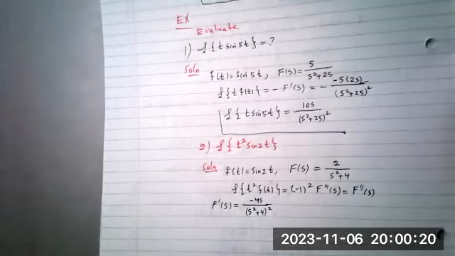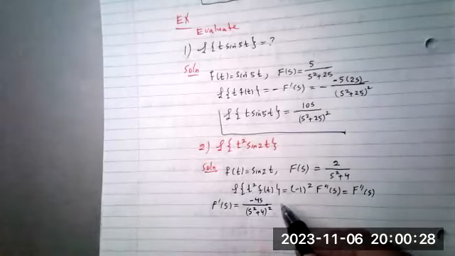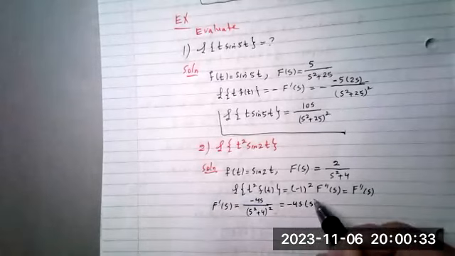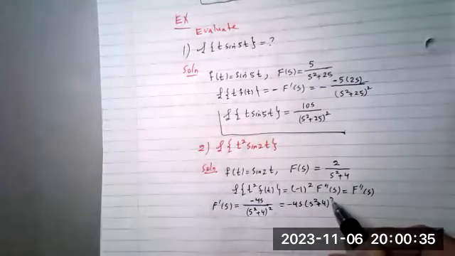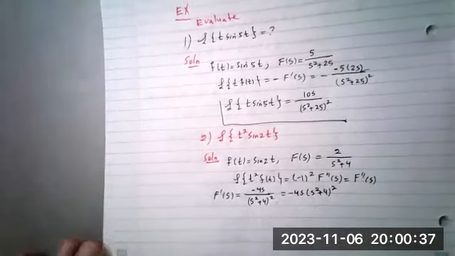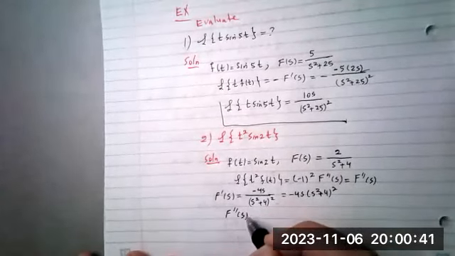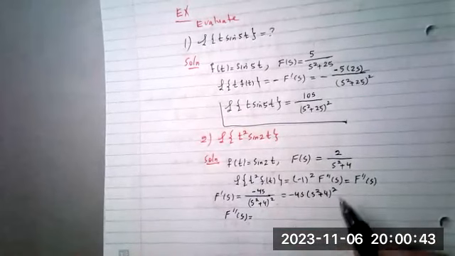Now we want to find the second derivative. You can move it up, which is easier than just the quotient rule. So I'm going to rewrite it as -4s times s squared plus 4 to the -2, and I differentiate it again.